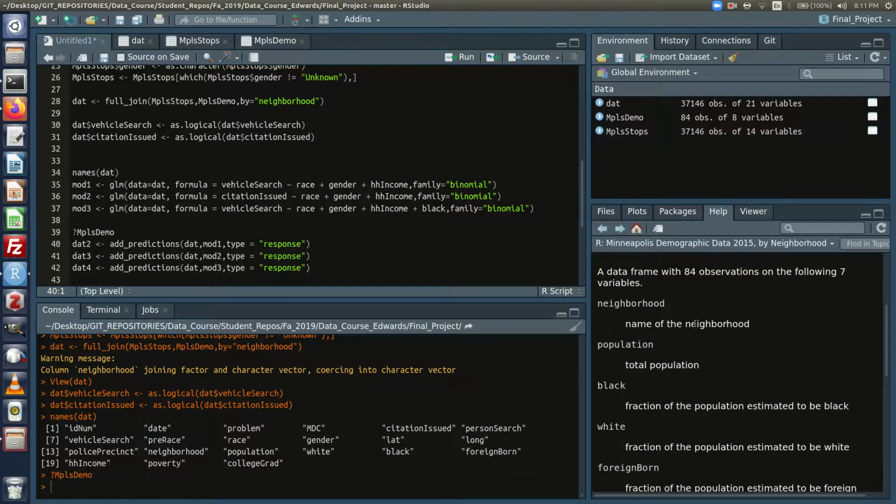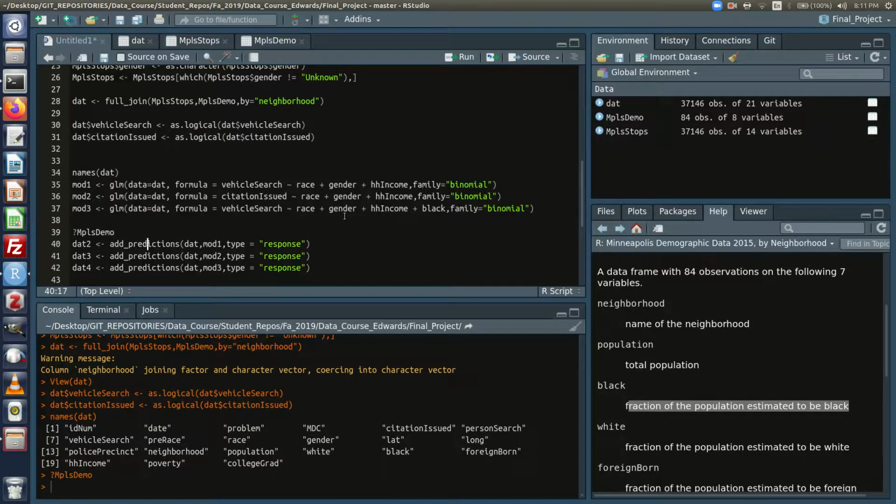So neighborhood name and neighborhood, total population, black: the fraction of the population estimated to be black in a given neighborhood. So here, I added that to this model to test whether the neighborhood demographics influence whether a vehicle was searched, as opposed to or separate from the driver demographics.